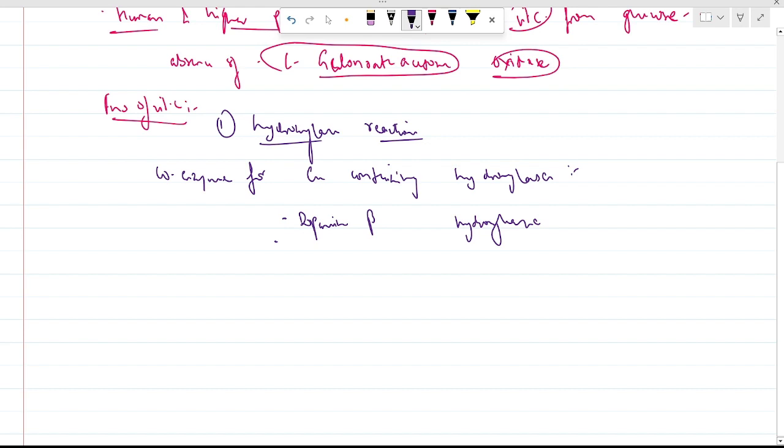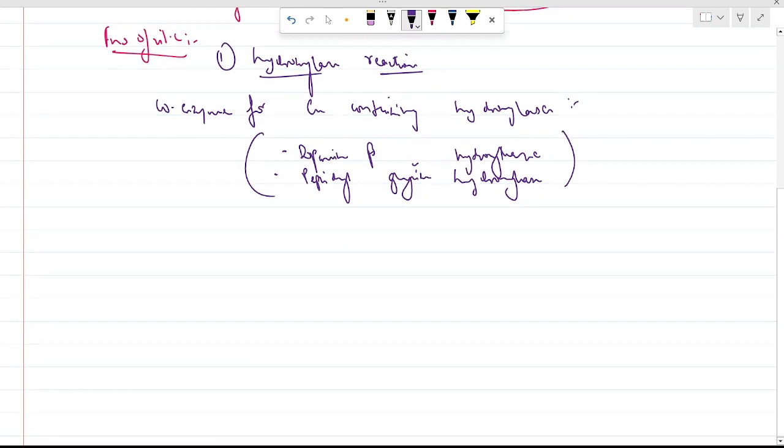Another hydroxylase enzyme, remember peptidyl glycine hydroxylase. These two examples are given in Vasudevan. So dopamine beta hydroxylase and peptidyl glycine hydroxylase, these are copper containing hydroxylases.